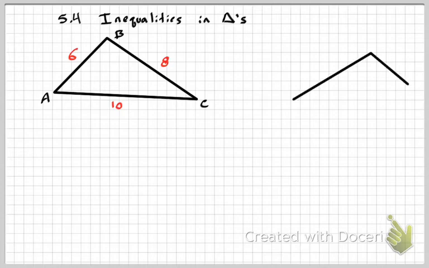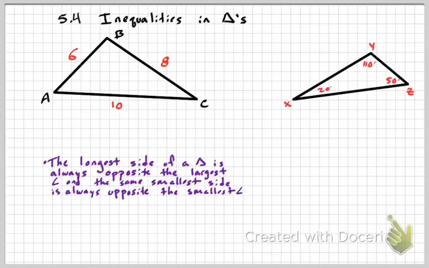Because the theorem is: the longest side of a triangle is always opposite the largest angle, and the smallest side is always opposite the smallest angle. So if I was to look at this triangle, our longest side is 10, and the angle that is across from 10 is angle B. So that would make angle B our largest angle.